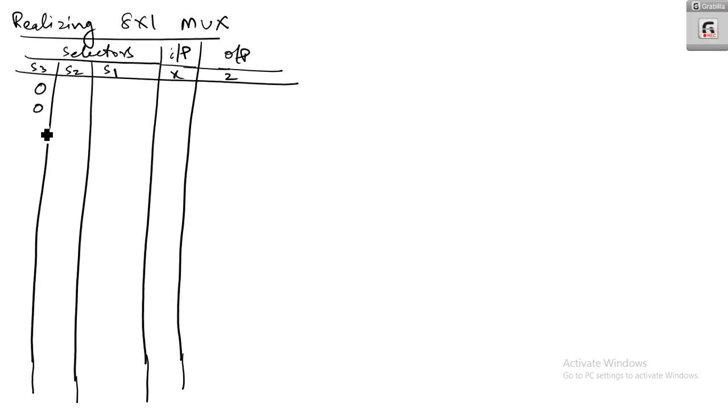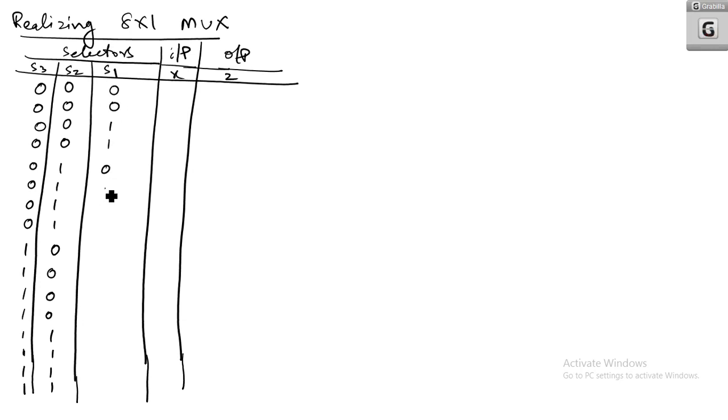So 1 to 8 rows. The first selector column goes 0, 0, 0, 0, 1, 1, 1, 1, the next 0, 0, 1, 1, 0, 0, 1, 1. Now you are having only 3 selectors, and the input column alternates 0, 1, 0, 1 and so on.